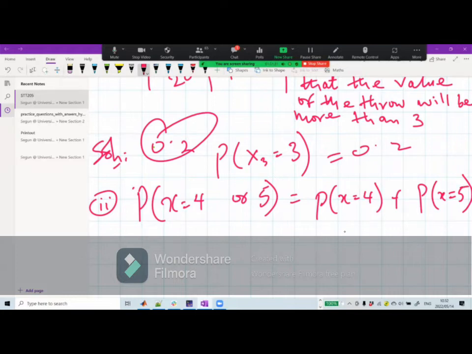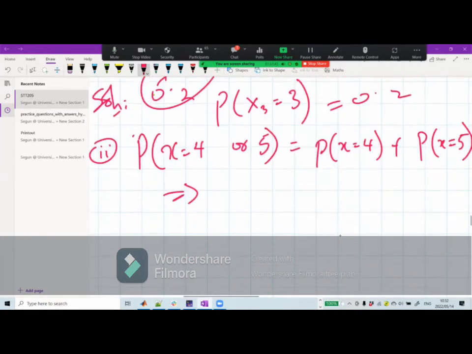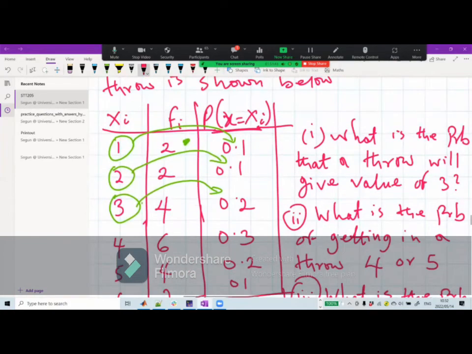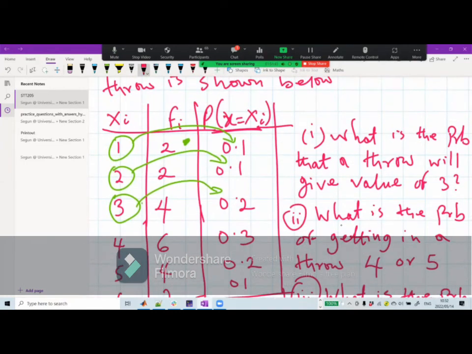So what is the probability of 4 from your table? 0.2? 0.3? Probability of 4 is 0.3. Madam, it's 0.3, not the frequency. We are not talking about frequency now. Don't mix it together. 0.3, this is what we are saying.